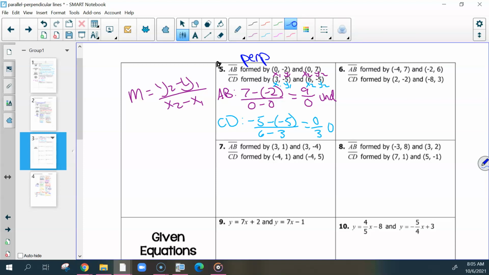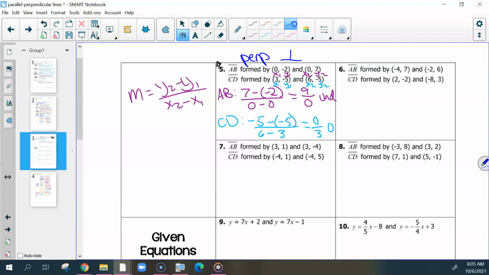These are also negative reciprocal. This is the sign for perpendicular lines, or upside down T. I think the one that'll probably trip you up the most is if you get 0 and undefined. Those are perpendicular. Even though the negative isn't there, they are still negative reciprocals.